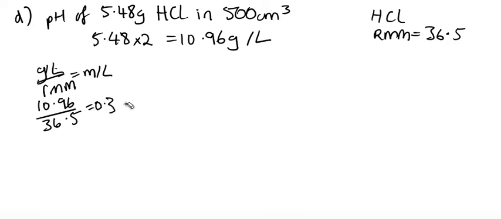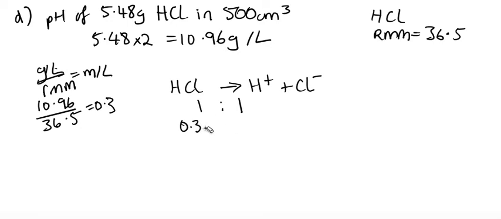Now, what do I do with that 0.3 moles per litre? I go back to my dissociation equation. So my hydrochloric acid will break down to H pluses and Cl minuses, and it's a straightforward 1:1 ratio. So if I have 0.3 moles of my hydrochloric acid, that will give me 0.3 moles of my H plus ions.